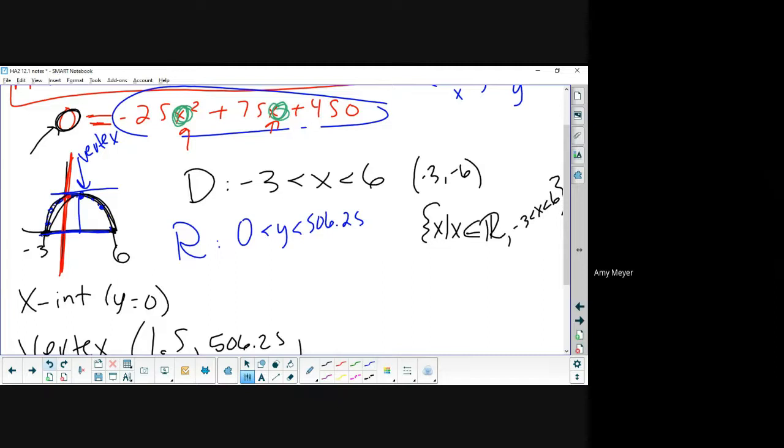Yeah, I would include that. So you're going to have parentheses 0, 506.25, then what? Brackets, because you're including it. Your set number, just like your range was, real numbers, and write your inequality.